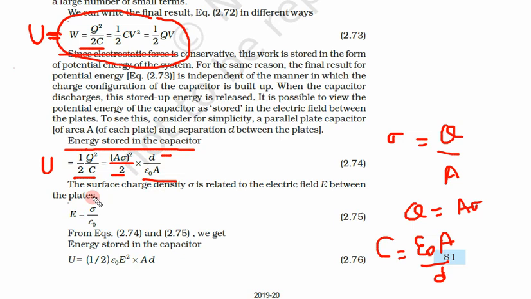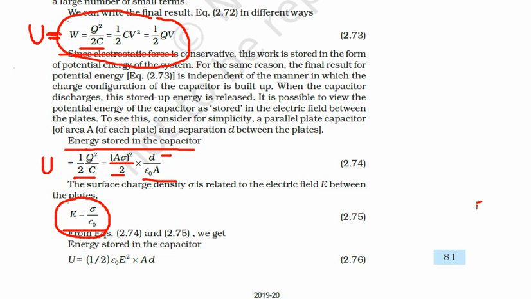Now the surface charge density sigma is related to the electric field. How is it related? We have already seen that the electric field for a parallel plate capacitor is simply sigma upon epsilon naught. Now the energy stored in a capacitor U, let us put all these things together. U is equal to half, and from here sigma is E epsilon naught.